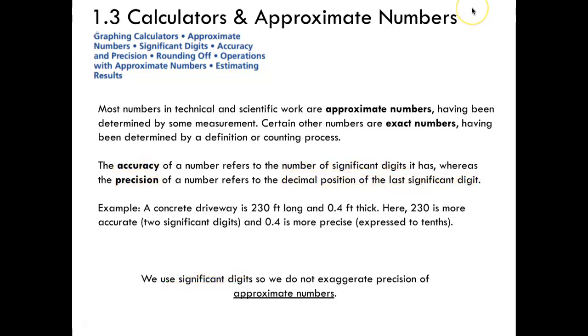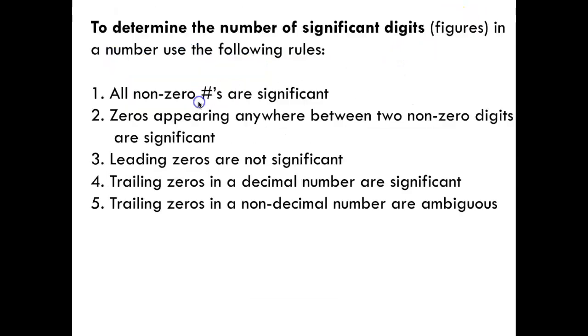Okay, so let's move. This is our list of rules to follow as far as determining if digits are significant or not. First one is if the digit's not a zero, it is significant. The second one is that zeros appearing anywhere between two non-zero digits are significant.